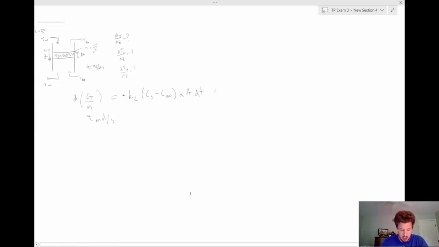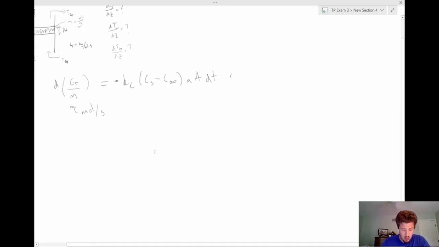Now we need to get this within terms that we know. So we're going to change our concentrations with respect to the partial pressure. I'm going to move the gas flow rate over the molecular weight, which is the mole fraction, so I'll change that to dy, and I'll move over the dZ just so it's easier for us.